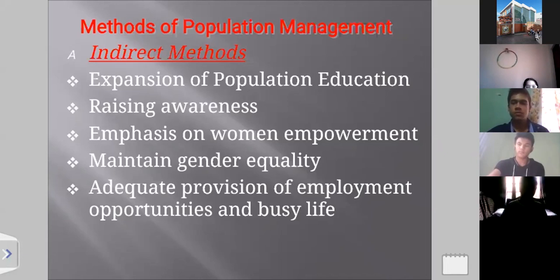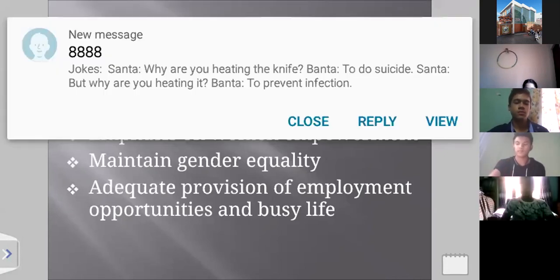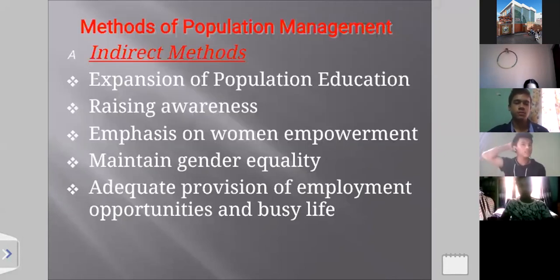If there are employment opportunities, then people can make their life standard and of quality, and they try to manage the population because of their busy life, because of their work, because of their opportunities. They remain busy in their real life.